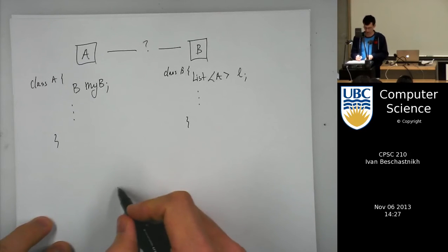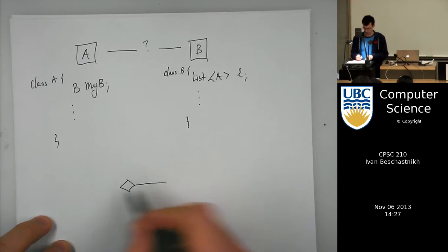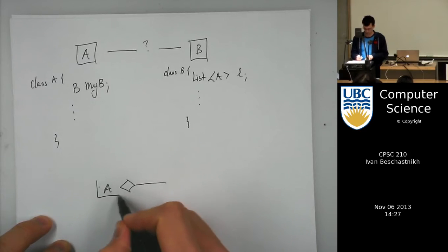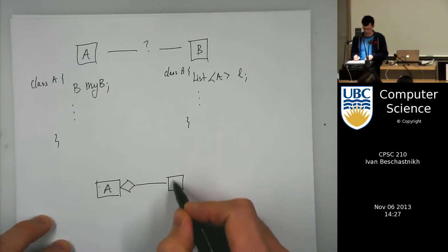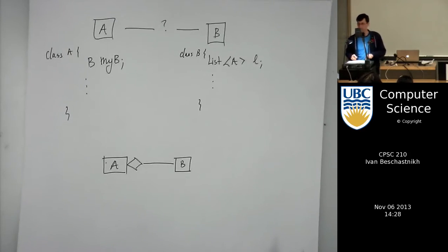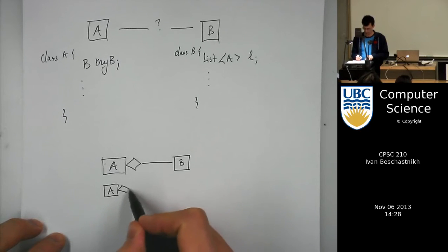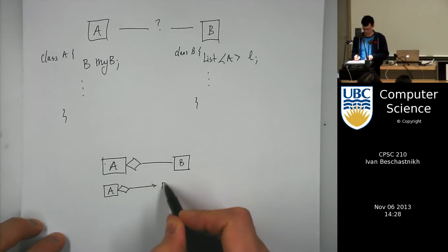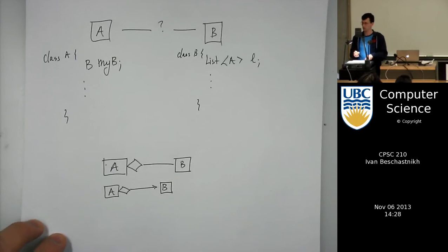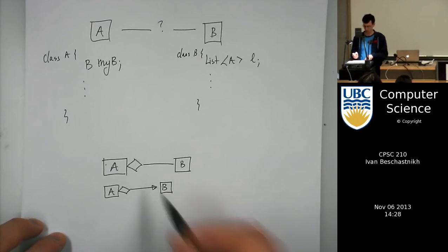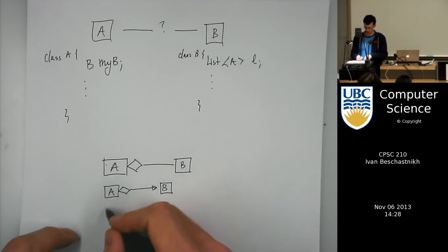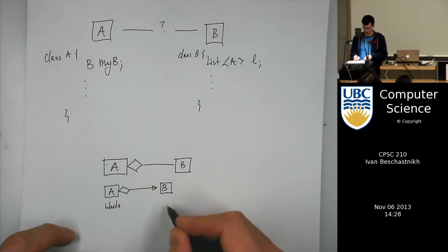But yeah, so this is bidirectional aggregation. And then unidirectional aggregation looks like this. And there's only one unidirectional aggregation because obviously the whole always needs to know about the parts.